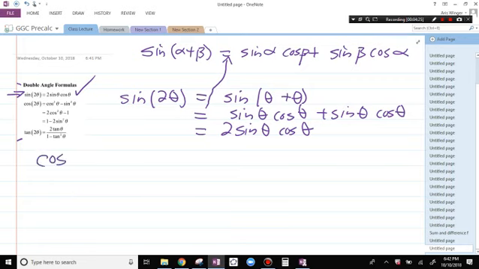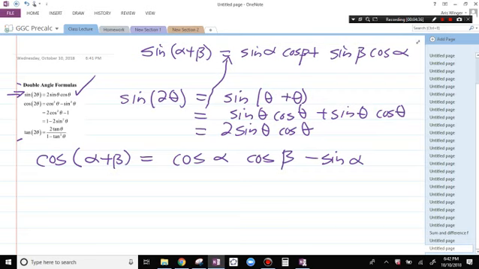We also learned last time that the cosine of alpha plus beta is equal to cosine alpha cosine beta minus sine alpha sine beta. We said that last time. So if I want to know the cosine of 2 theta, it's the cosine of theta plus theta, and use this rule again.